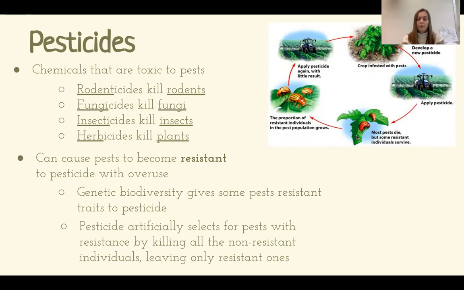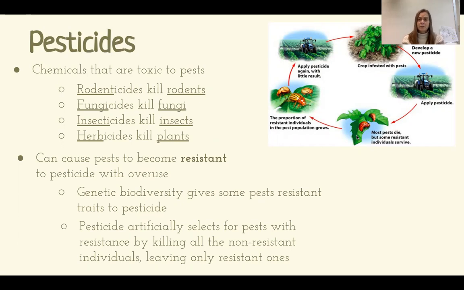And so over generations, the proportion of the individuals that are resistant in that population increases. So the next season, the farmer applies the pesticide again, and it doesn't work very well. And now we have a crop infested with pests again, and now we have to develop a new pesticide.